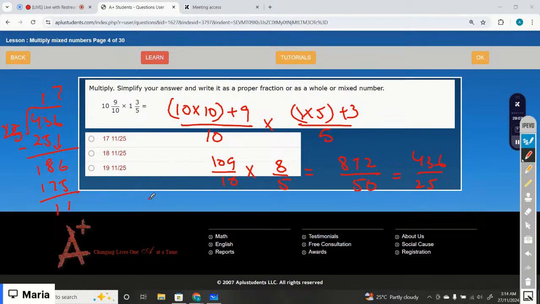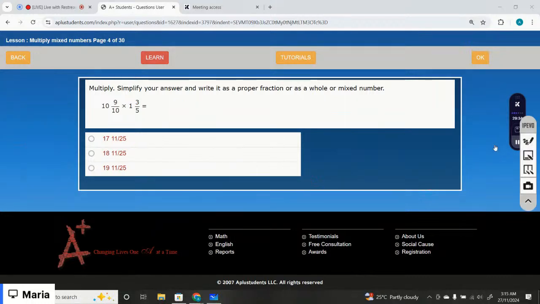So that is 17 whole 11 over 25. Option number 1 is the correct option.